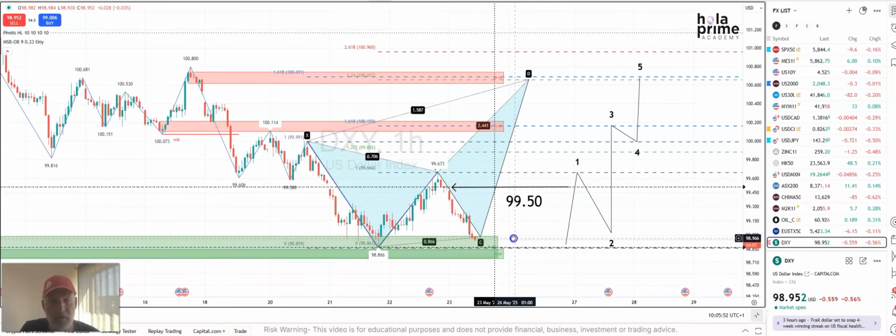It gives me timing, so it's a timing element. I need to see a break of this level, and that's at 99.50 before 5 p.m. UK time, which is 4 p.m. GMT. I believe that we are currently trading within the BC leg of this crab pattern, but I could be wrong.